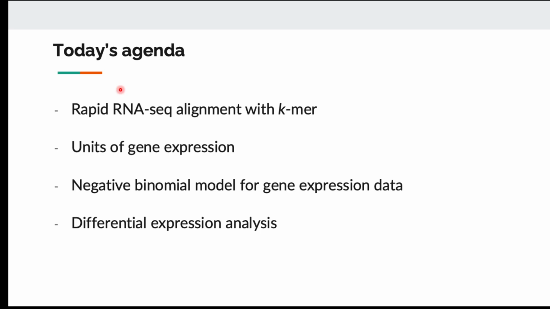And then we're going to talk about how people model the read count that we get from RNA sequencing, what kind of statistical distribution can explain that data. And then we're going to talk about differential expression analysis from the perspective of statistics.